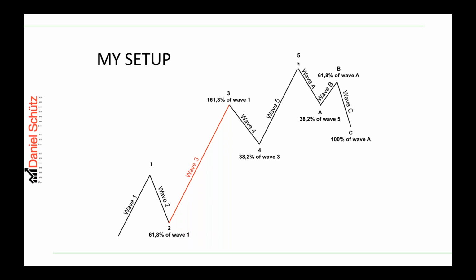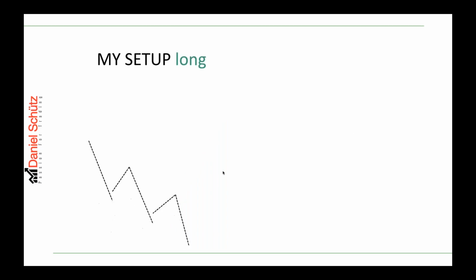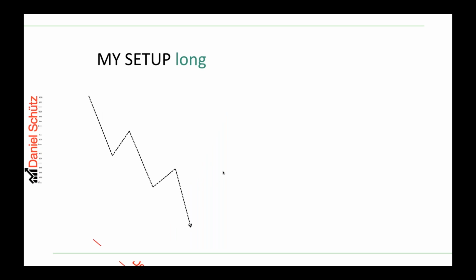I know a lot of people do so, but I would not recommend doing that as a newbie in trading. And then after reaching the high of wave 5, we get into the correction. We have the wave A, the wave B, and the wave C. And my goal is to get a piece out of that red wave 3.